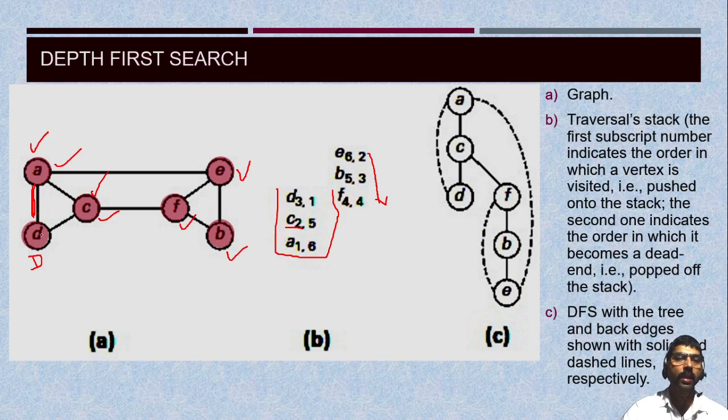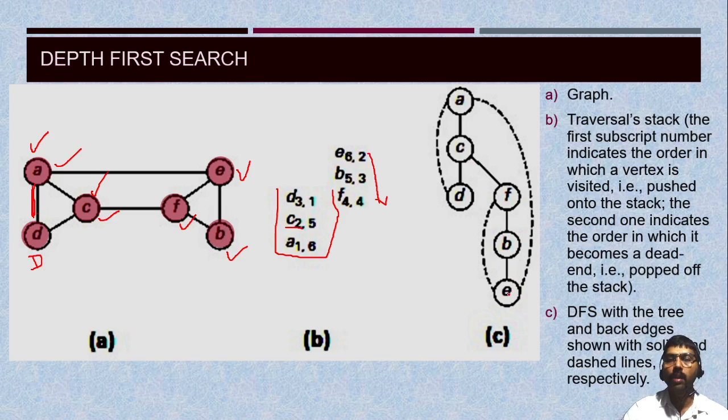You see properly here, D is actually connected to A, but A is a predecessor, not a parent. C is a parent, A is not a parent. So it is indicated here by a dotted line that indicates a back edge.